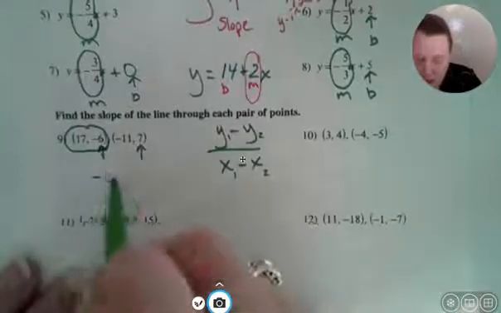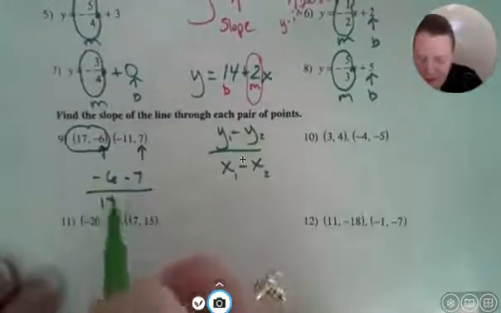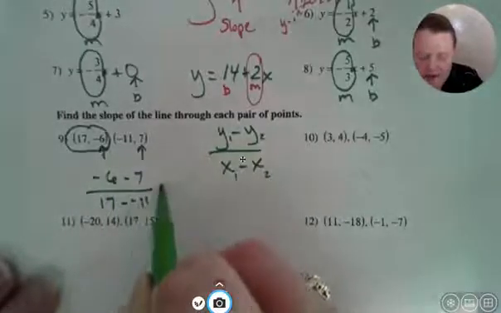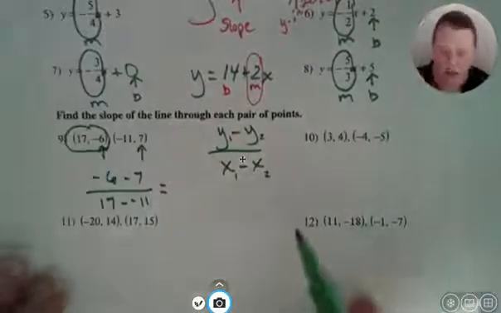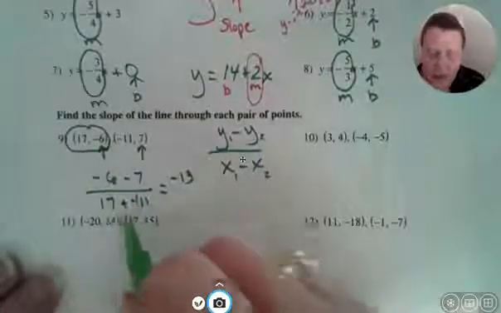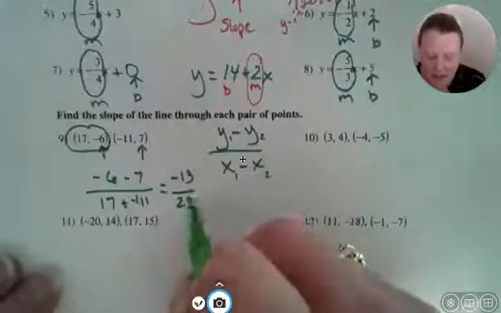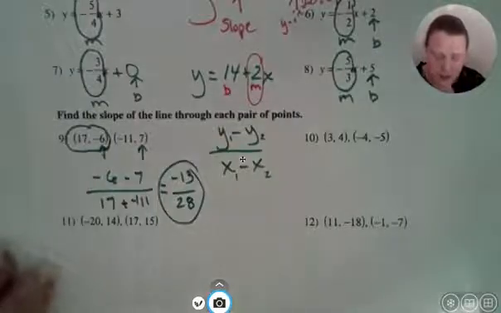So that would be -6 take away 7. Then I would do the x's on the bottom: 17 take away -11. Then I'm going to use my calculator or my integer knowledge to get an answer. So that is -13 over, keep switch switch, 28. There's my answer.